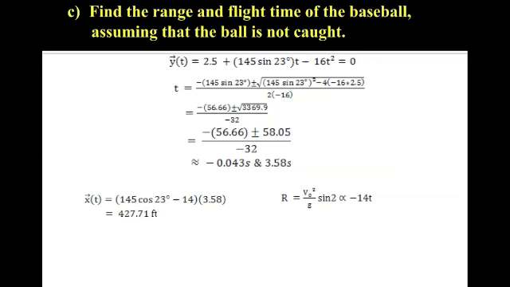But in this case, we have to subtract 14t because there's a gust of wind blowing against the velocity of the ball in the x direction. So when you plug in all the given information, the range becomes 422.4 feet, which is slightly less than the one found from the x component equation, but it's close enough.